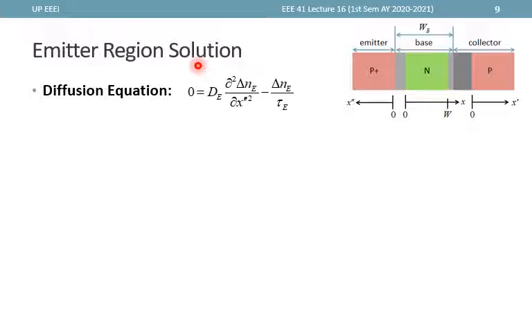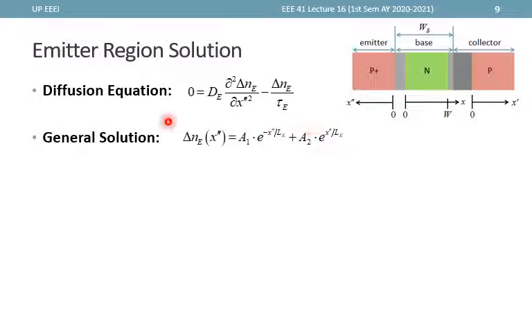differential equation. This is for the emitter, and with that form, we know this is the form of the general solution. We have two unknowns. It is a function of x double prime, and the minority diffusion length is LE.